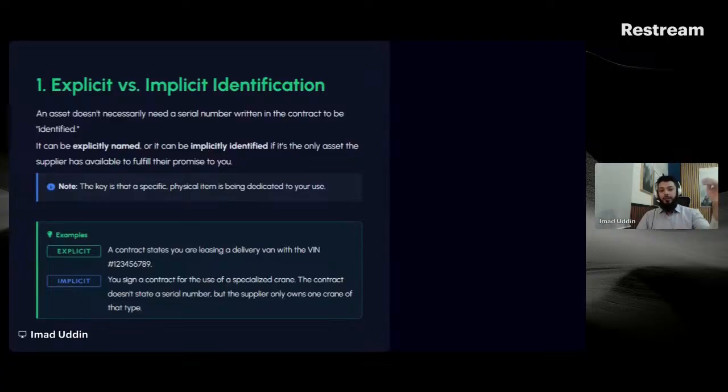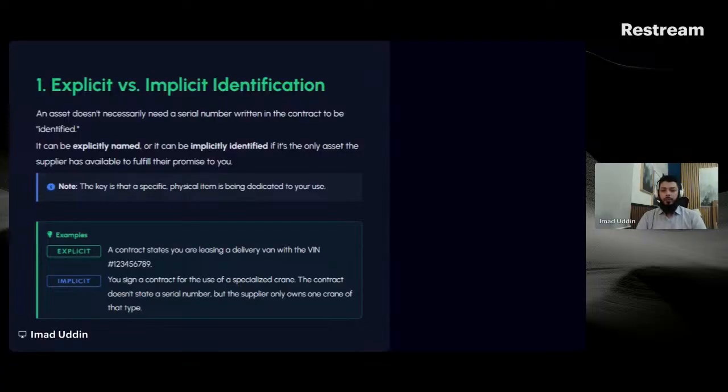There might be some specifications. The truck would be in working condition. It should have that kind of mileage. It should have that kind of engine capacity. But even within those conditions, there might be 2, 3, or 4 trucks that he has, and he might be able to change it. And if he's able to substitute it, then the asset is not identified, and therefore he does not have a lease.